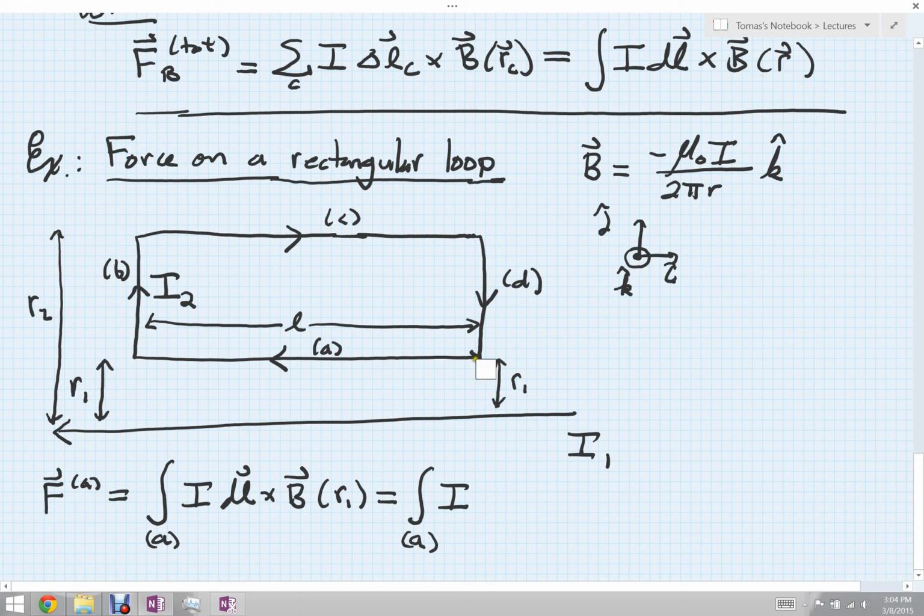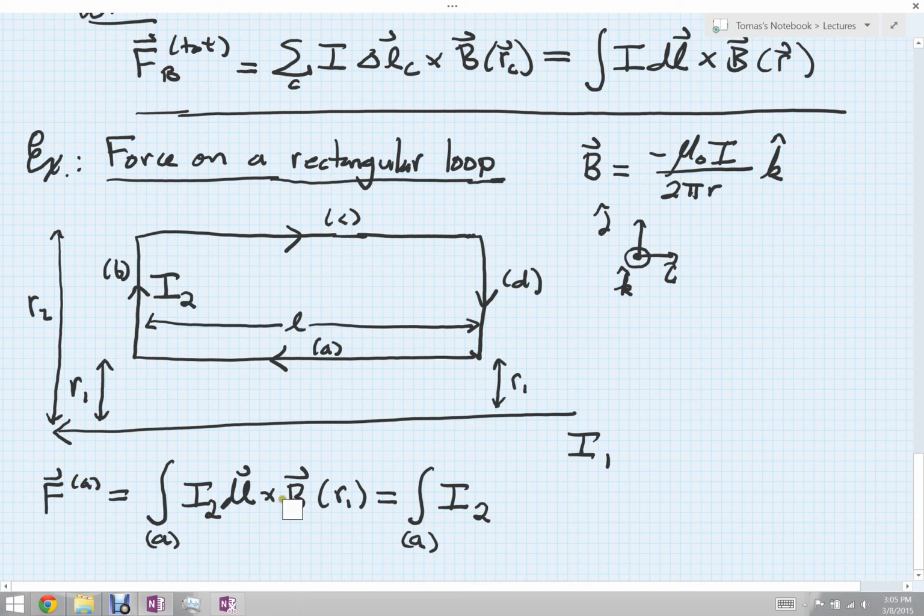In this case, we're talking about the current flowing along the side here. And notice that the current flowing along the side, and actually all the way around this loop, is I2. So I should be very careful here to make sure I always include the proper current and the proper location. So I've got current I2.